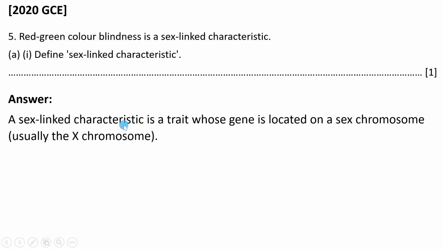There are certain diseases that are caused by some genes that are found on the sex chromosomes. Those traits that are caused due to some genes being found on these sex chromosomes are known as sex-linked characteristics. So a sex-linked characteristic is a trait whose gene is located on a sex chromosome, usually the X chromosome.